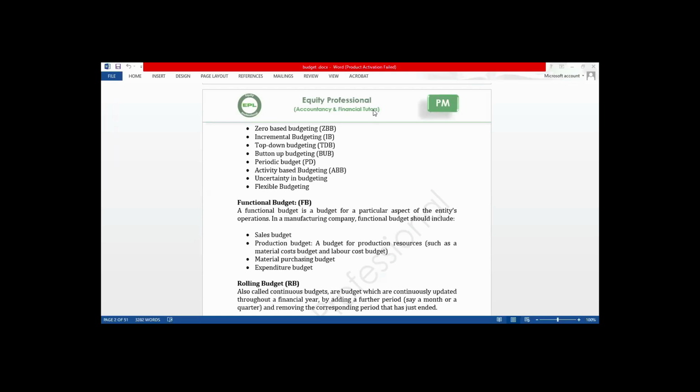The sales budget will show the quantity and the naira value. So you are going to have the budgeted quantity and the budgeted selling price. That will now give us our budgeted sales value. This is the budget that is first prepared. After you have prepared your sales budget, then we now come to production budget.